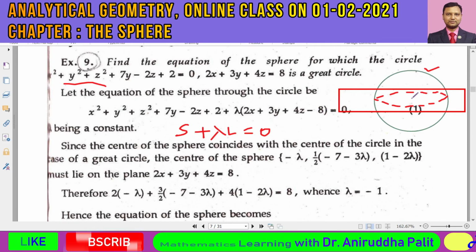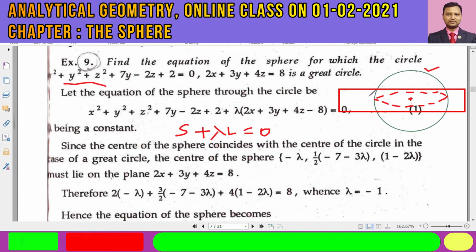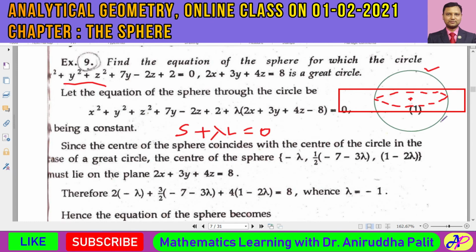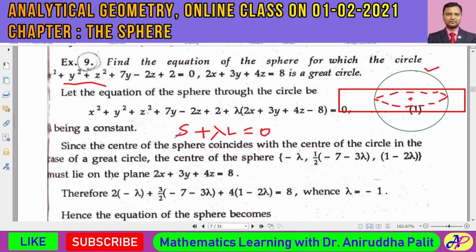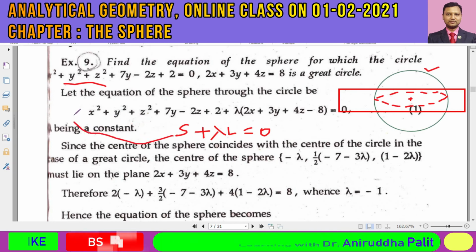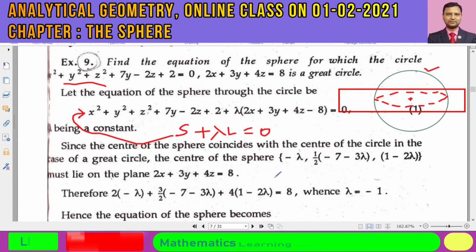This is the center of the circle, and this center must be equal to the center of the sphere as well. Because it is a great circle, this center must be equal to the center of the sphere. And this is the expression of S plus lambda L. This is the required sphere.